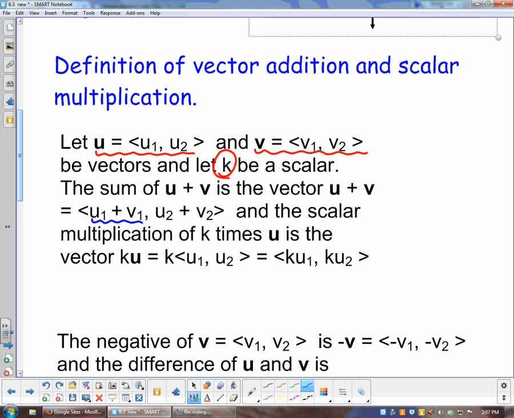Add those x components together, and that's adding the y components together. And the scalar multiplication of k times vector u is just going to be, just multiply through and get (k times u1, k times u2).